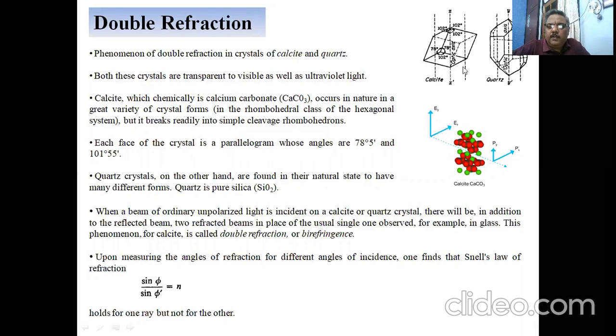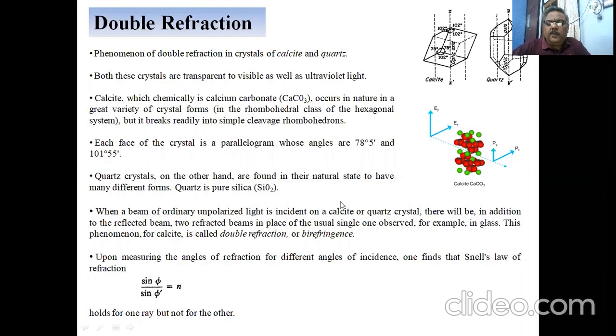This is a rhombohedron. So this calcium carbonate breaks into this kind of crystals easily. Each face of the crystal is a parallelogram whose angles are 78 degrees 5 minutes and 101 degrees 55 minutes.